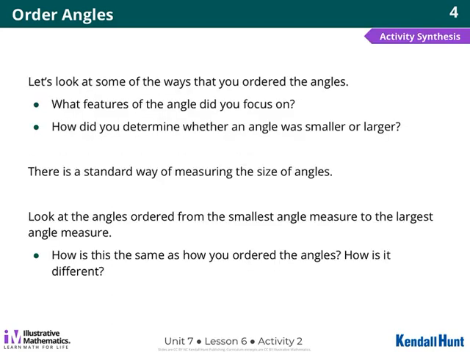Okay, so before we go over the answer, which we will, first of all, we're going to look at some of the ways that you ordered the angles. Kara, turn around, facing forward. Thank you. What features of the angle did you guys focus on? When you were going smallest to largest, what were features you looked at? Chase. The features I looked at was if they were smaller than the card I was holding, or they were bigger.